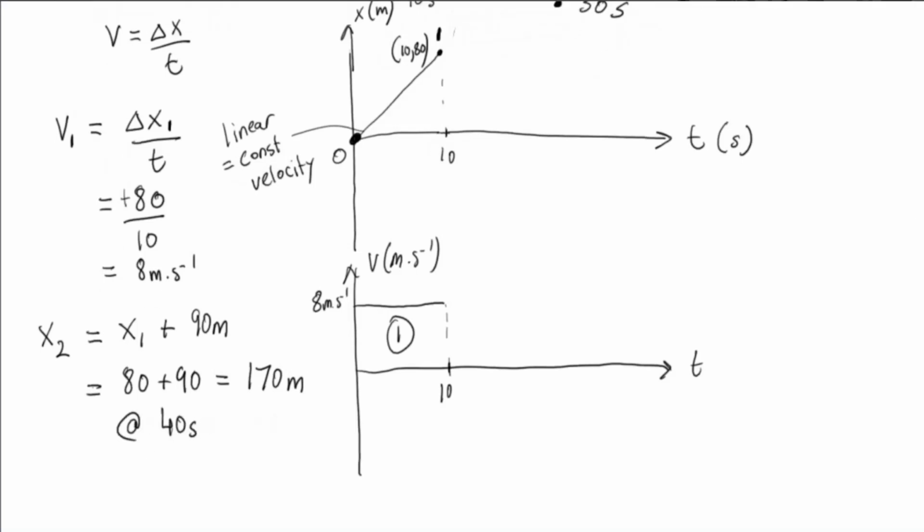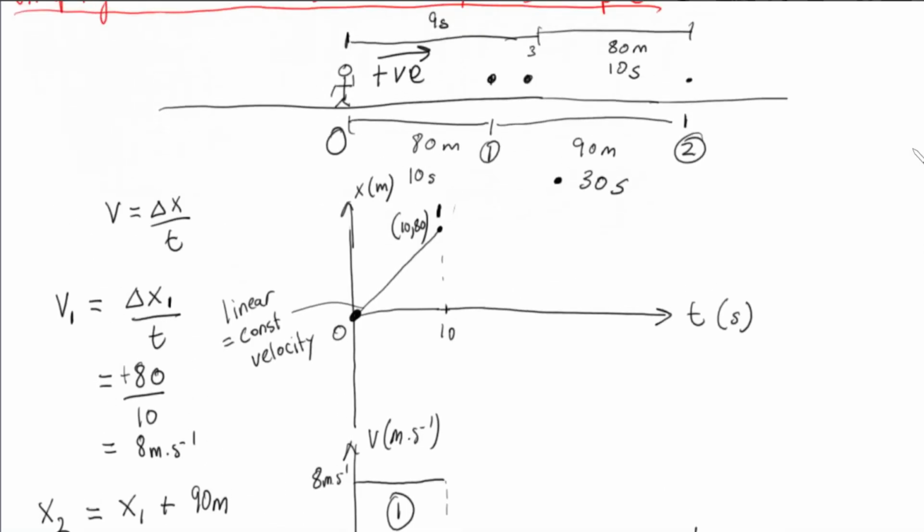So we can go ahead and put this new point on our displacement time diagram. Let's get rid of this just so it doesn't confuse us. Put 30 seconds there, and our new point will be, let's say that's 40 seconds, and this here is 170.